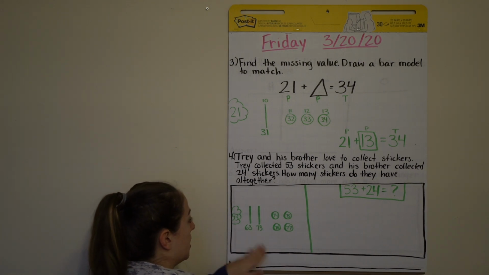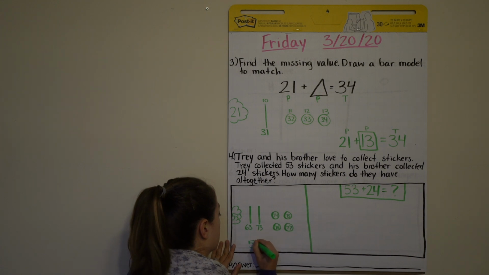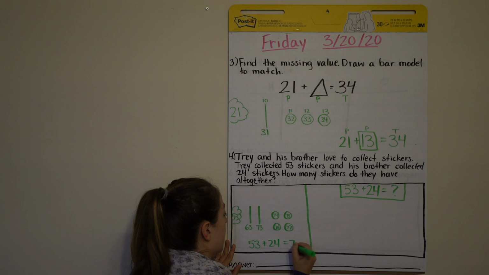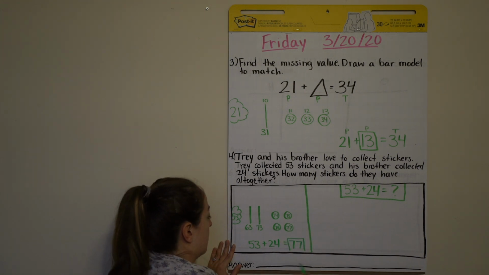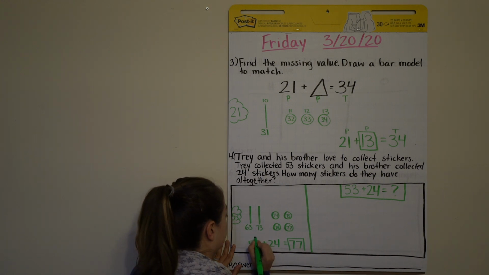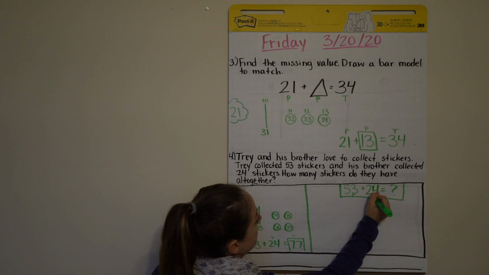And you can draw a number sentence to match what you did, which would be 53 plus 24 equals 77. And I'm just boxing this because that's the missing total that we had.